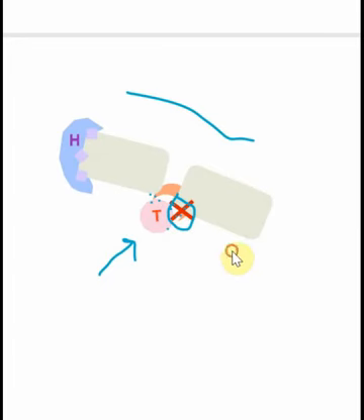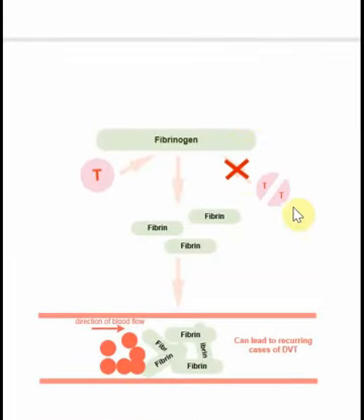So this mutant antithrombin molecule will cleave some thrombin, but it will not result in the proper efficient mechanism that we need in the body. This can be seen here.